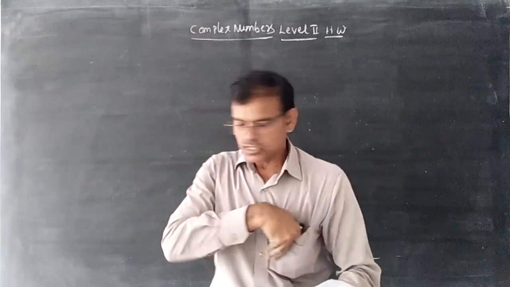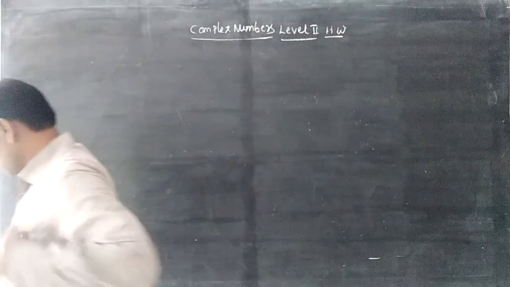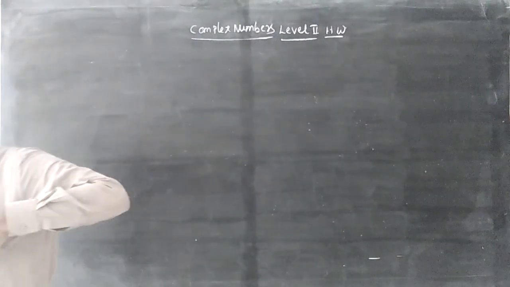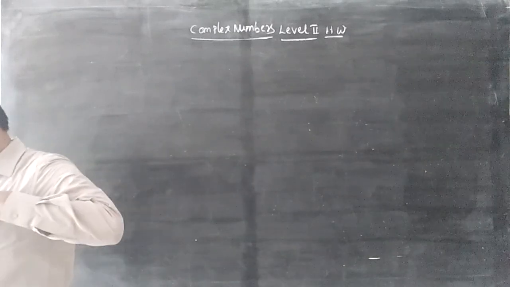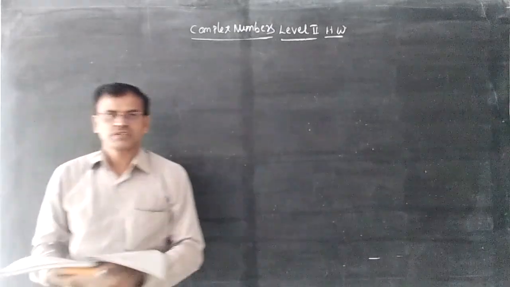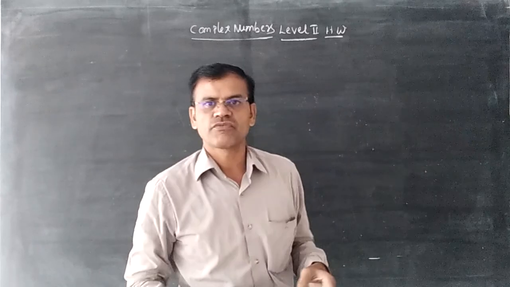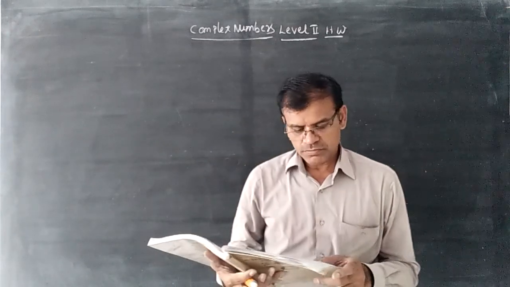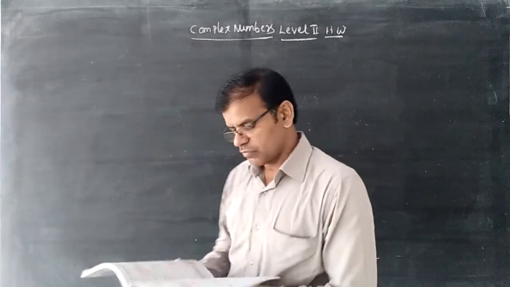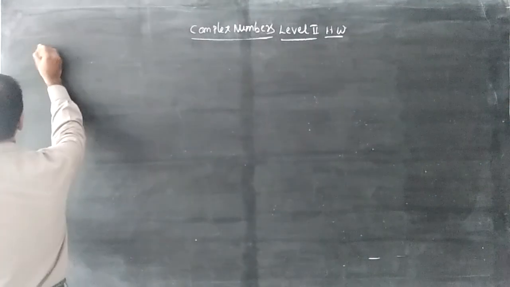Next, 21st question. If the roots of z cube plus i z square plus 2i equal to 0 represent the vertices of triangle ABC in the Argand plane, then find the area of the triangle.